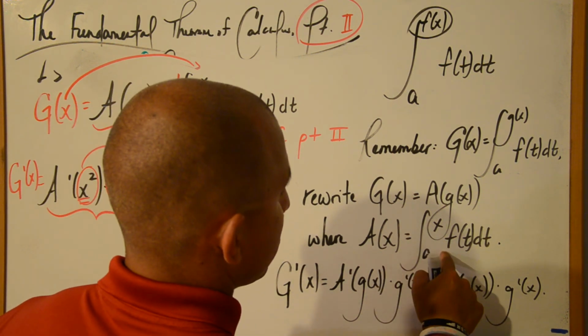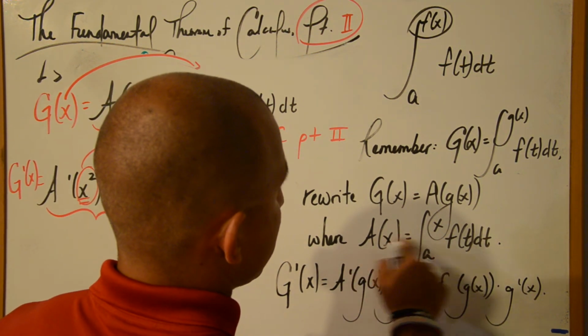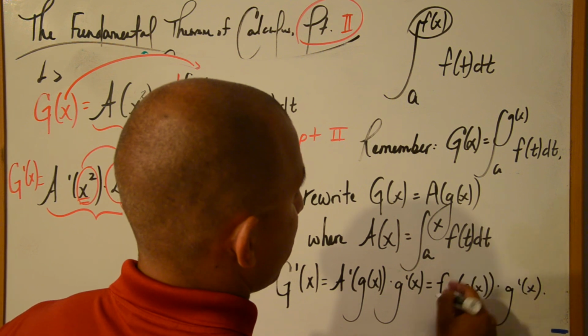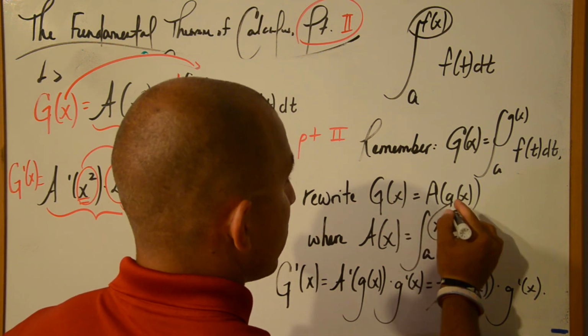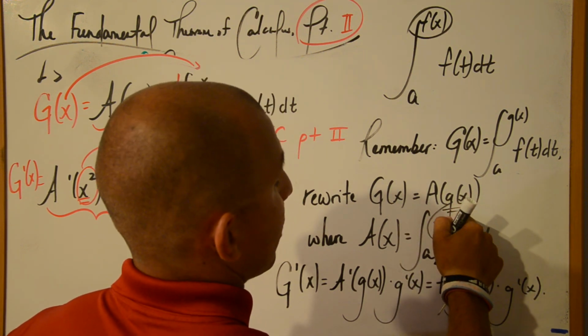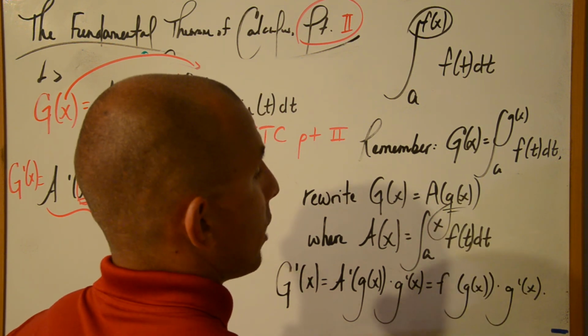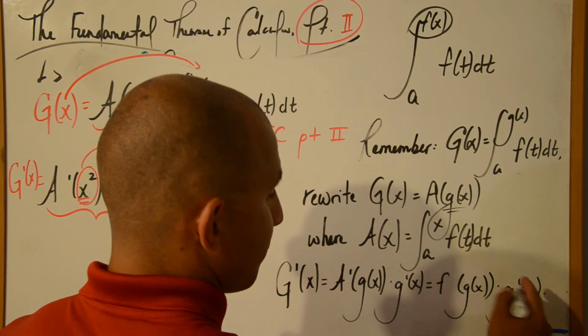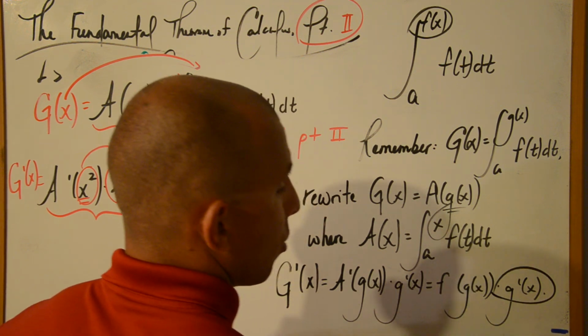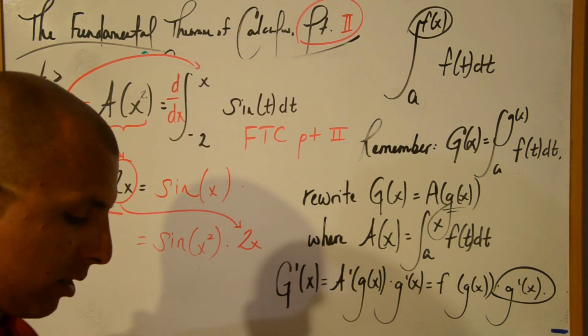Because we know that when we derive this, we're just going to get back the original function, f of x, however, it was composed with a function that was not x, while accounting for the fact that we'll need to apply the chain rule.